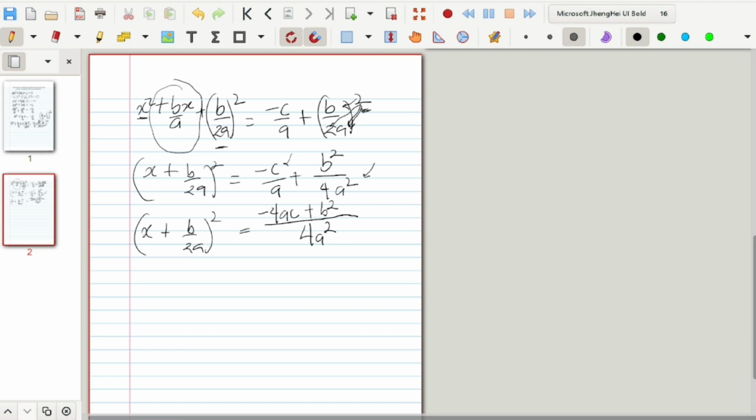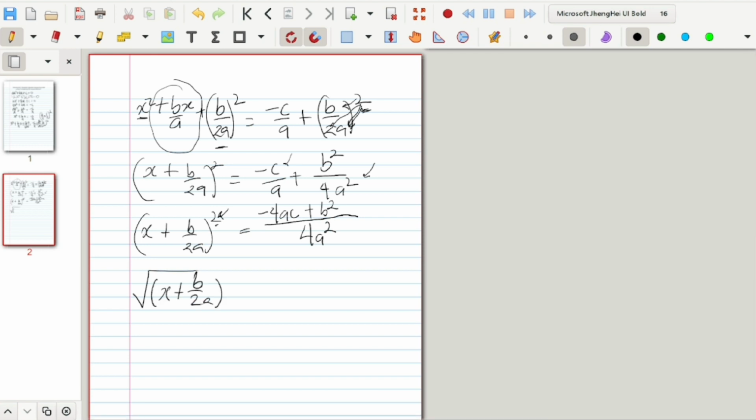Next thing to do is to get rid of this square by finding the square root on both sides. So you have the square root of x plus b over 2a all squared equals the square root of minus 4ac plus b squared over 4a squared. The square root cancels the square.